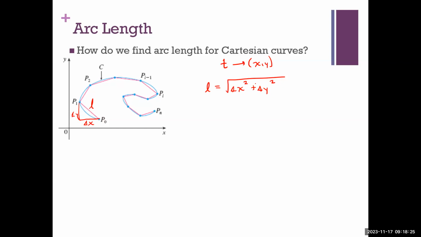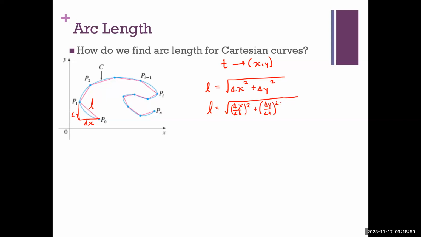But we're talking about parametric curves, right? So because of that, these changes in x and y are going to depend on t. So I want to think of these as delta x over delta t squared plus delta y over delta t squared.